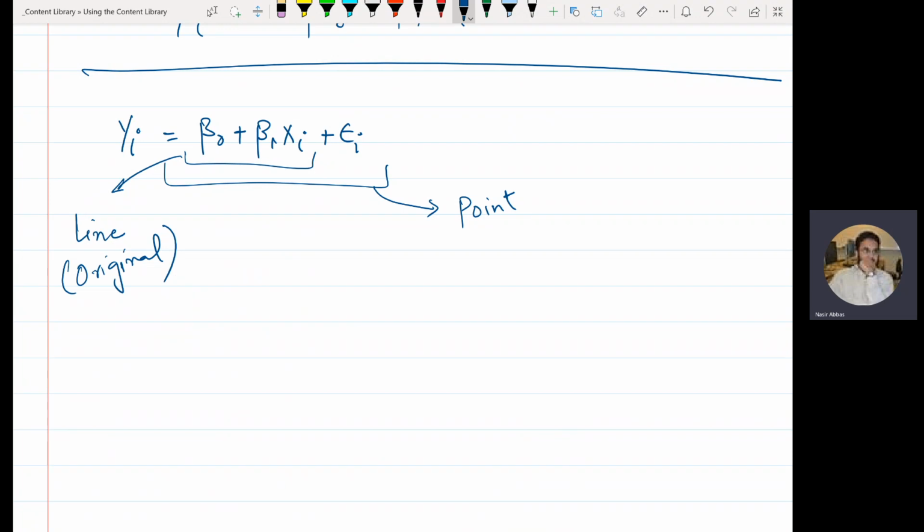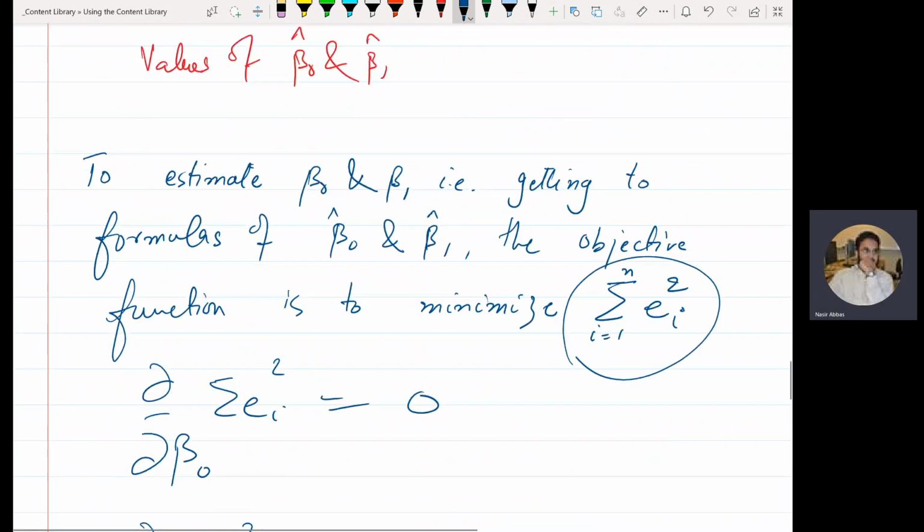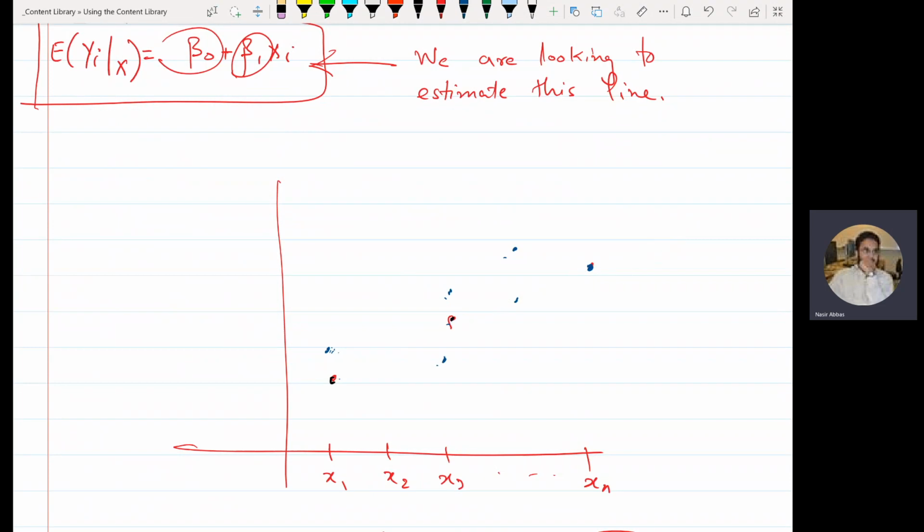Now, we don't know the original line, but we do know some of the points. Not all of the points, some of the points. The ones we picked in the sample, we know those points. The correction here is that this is the sample that we picked.